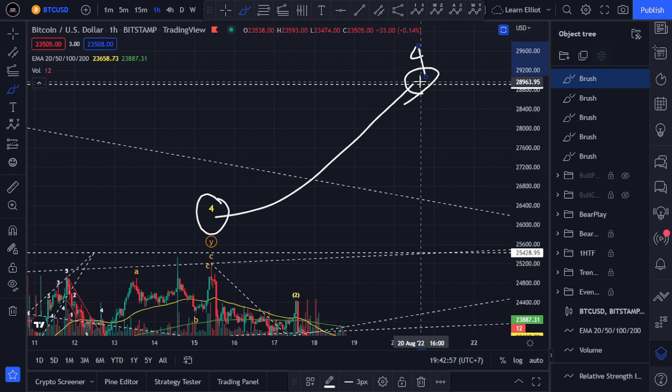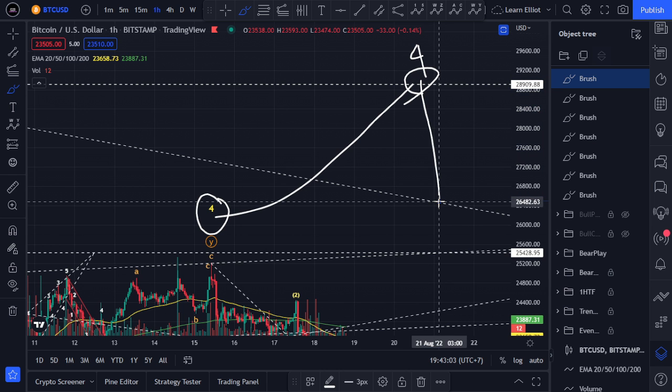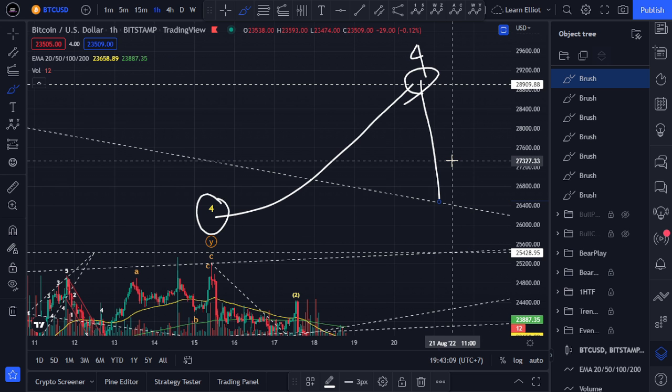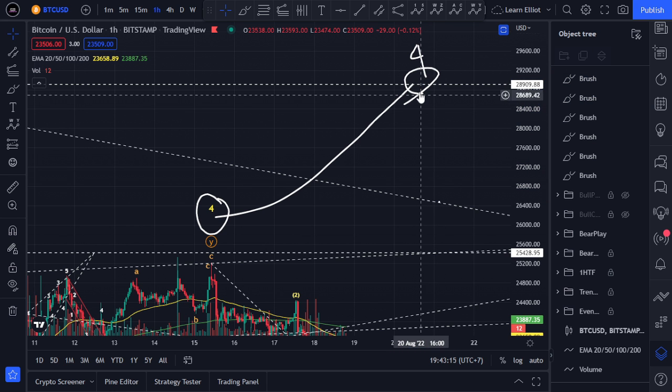It's more or less likely, but the price might still be going down to around 10k or 8.8k. But if we break the 32k, then we will be having another bull market run, so something like that.